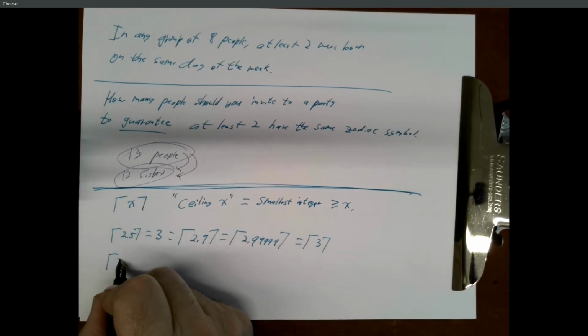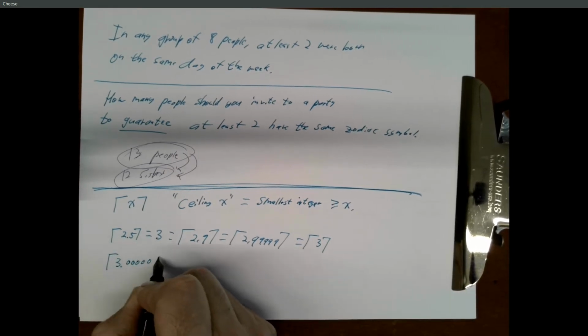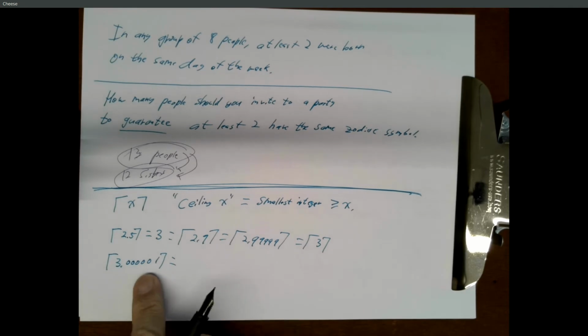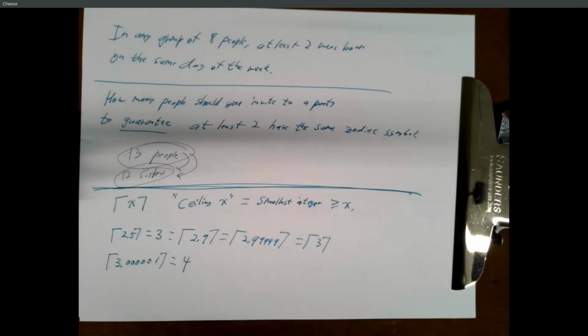But if I go just a little bit beyond that, the smallest integer bigger than or equal to this number is actually 4. So it's kind of like the opposite of rounding in some way, right? It gives us back an integer until you get just a little bit beyond the integer, and it'll jump you up to the next integer.